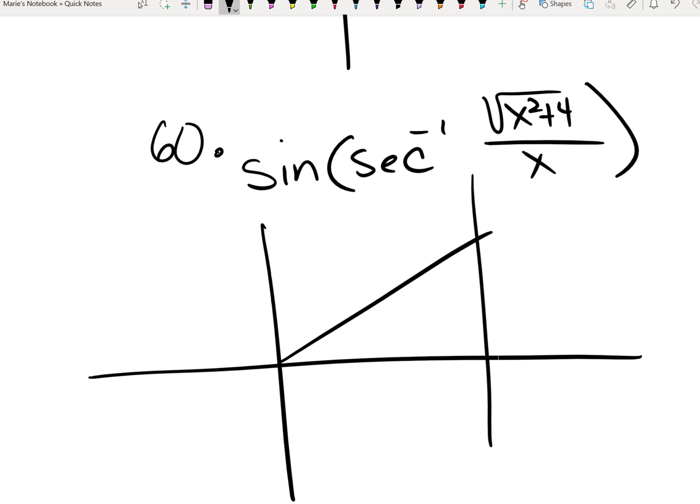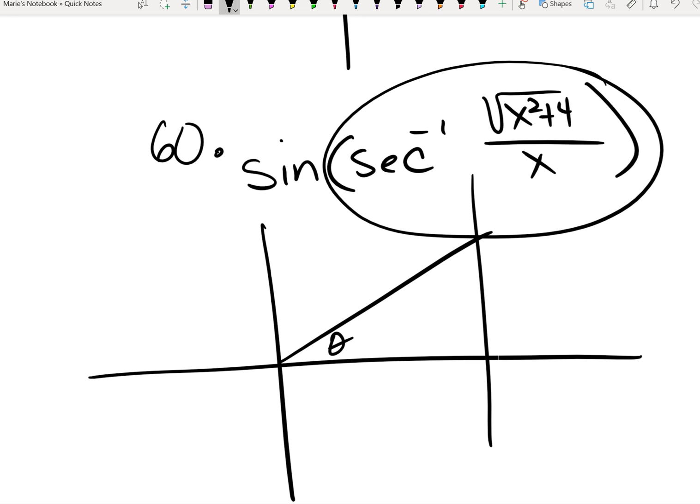Alright, and so if this is my giant theta, remember I always say this is the giant theta sitting here. If it were cosine, it would be square root along this part, right? And then the x would be up here, but it's not, it's secant, it's the opposite.